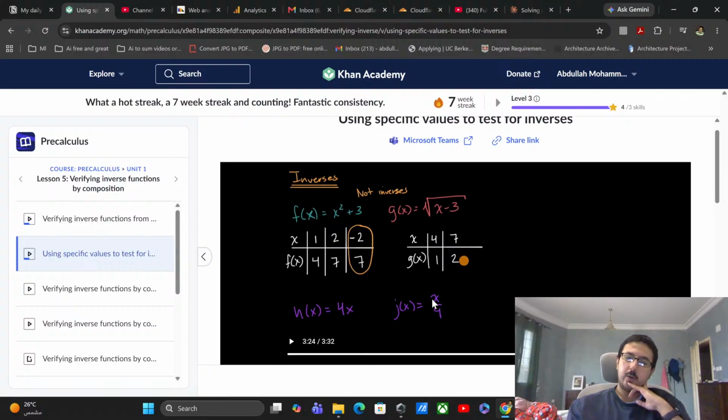The 4 is going to go with the 4. I'm left with x. Still left with x. So you can't use specific values to prove that two functions are inverses of each other, although you can use specific values to prove that they are not inverses.